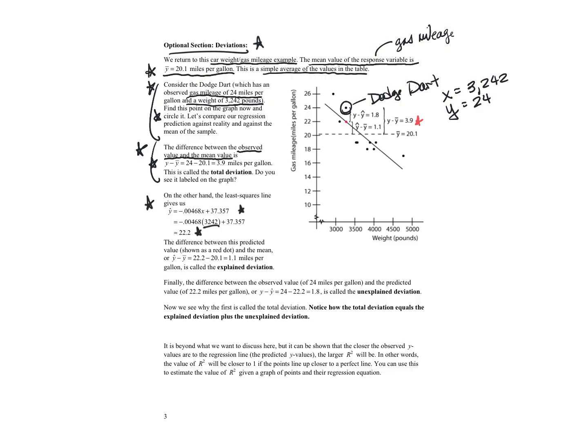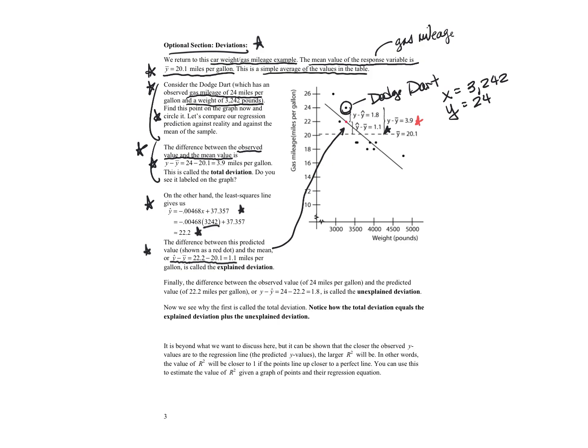And you'll actually see this as a red dot on the graph. Now, if we subtract y hat minus the mean of all those gas mileages, we get 1.1 miles per gallon, and that is called the explained deviation, which you'll also see on my graph.